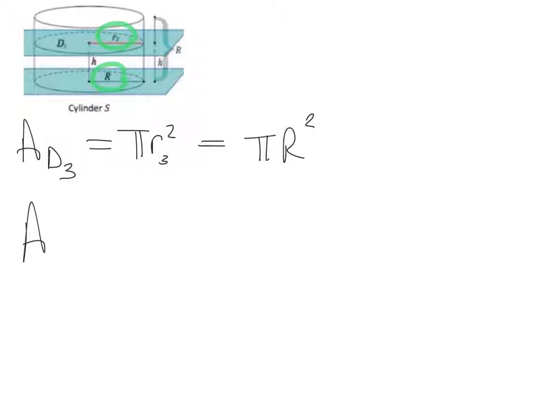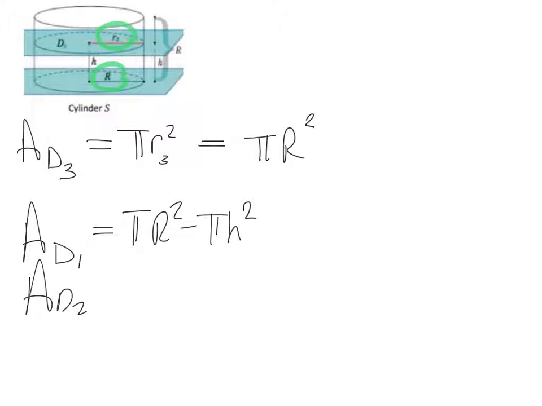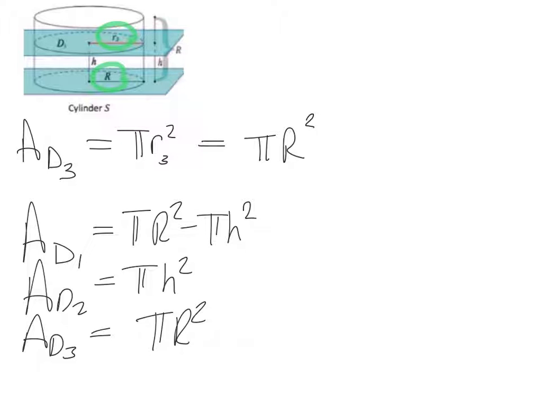I've got area of disk 1 equals pi big R squared minus pi h squared. Area of disk 2 equals pi h squared, and then the area of disk 3 equals pi big R squared. Whoa, I see some things that are sort of similar here. Huh, wonder what we can do with that.